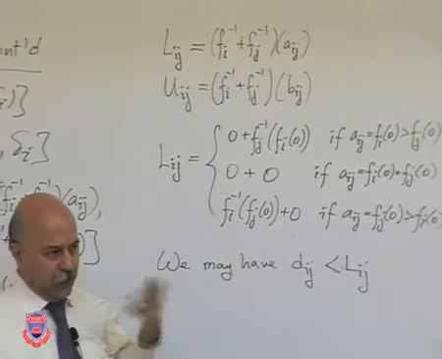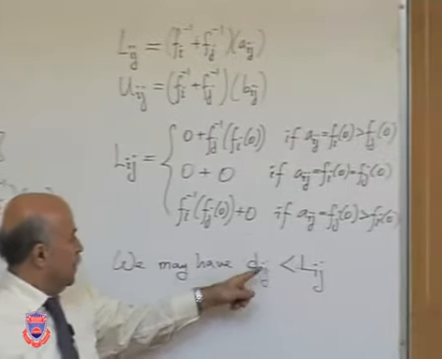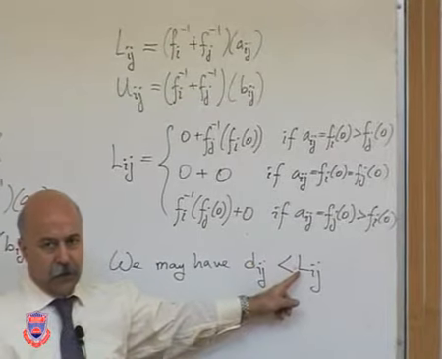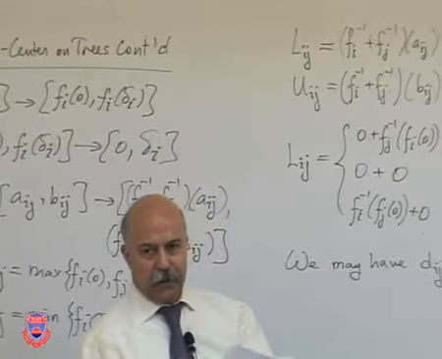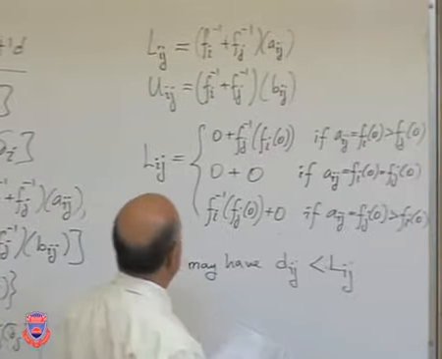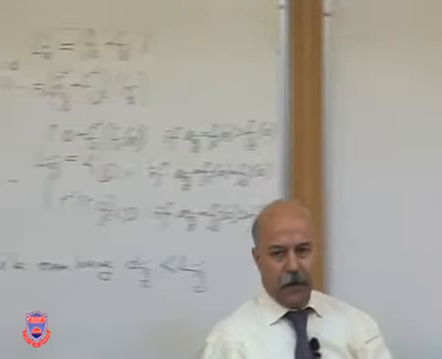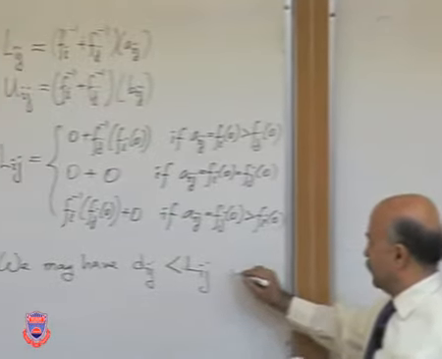That's what you want to be able to compute or evaluate. However, it is possible to have that distance being strictly less or outside of the domain. Okay? That's, I think, where we had to stop last time. There's no guarantee that D_ij will be greater or equal to L_ij. That's the last point I made, which means it can be less.